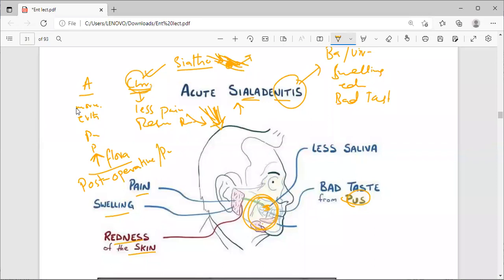So this is called chronic sialadenitis, and it can be because of sialolithiasis. There will be less pain, it will be recurrent, and mostly it doesn't depend on dehydration. Mostly it is because of the disturbed flow of saliva. So I hope it's clear now.